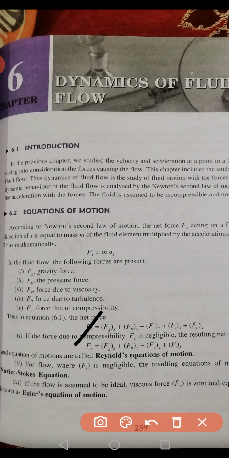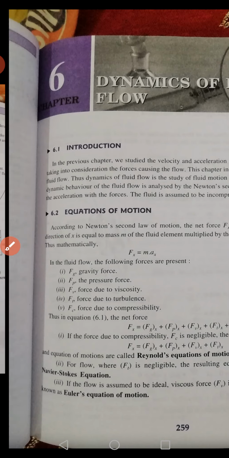When the flow is free from turbulence, we can neglect the turbulence force, and this equation is known as Navier-Stokes equation. And finally, if the viscous force is also assumed to be 0, then the equation obtained with only gravitational and pressure force is known as Euler's equation of motion. Next we will discuss Euler's equation of motion.